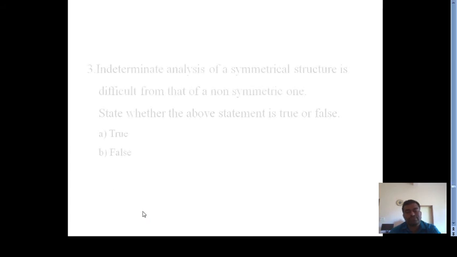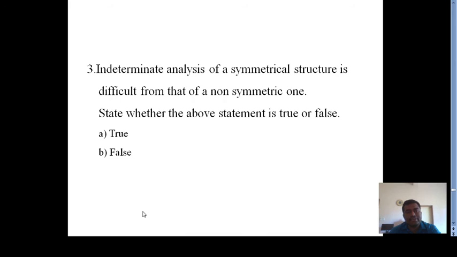Then coming to the next one, the next question is: indeterminate analysis of a symmetric structure is difficult compared to that of a non-symmetric one. State whether the above statement is true or false. You clearly read this statement.